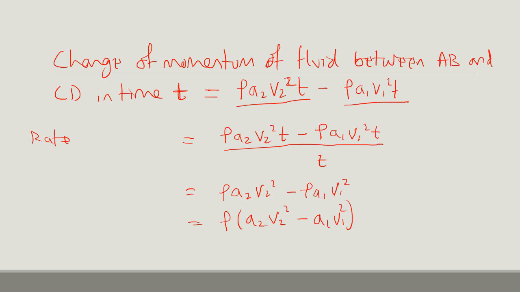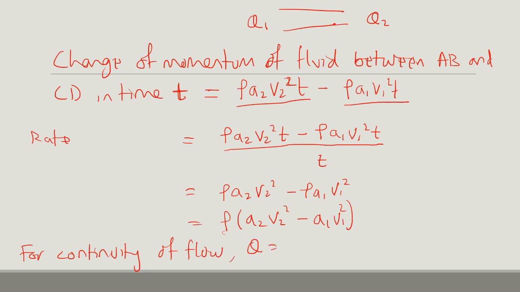But we can simplify this further. We know that for continuity of flow, the section we had was something like this. We know that for continuity of flow, Q1 must be equal to Q2. Q must be equal to A1 V1, which is equal to A2 V2. So easily we can substitute something here.